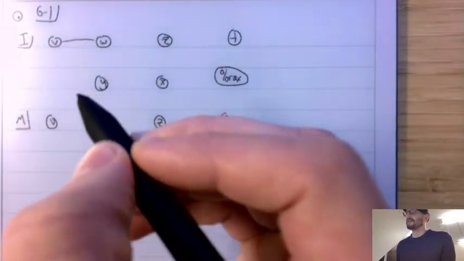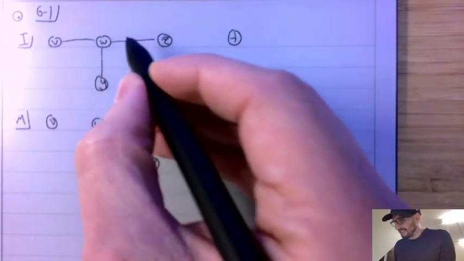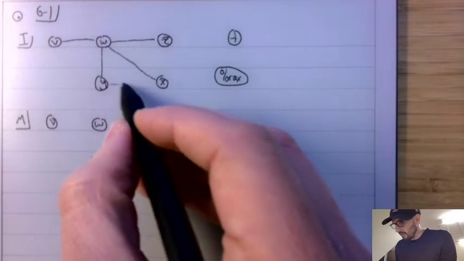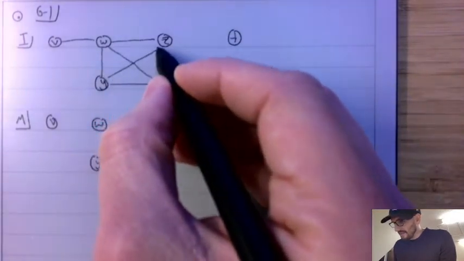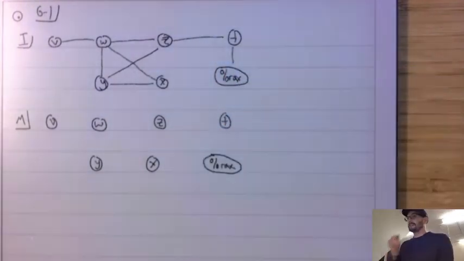Now we have V is connected to W, W is connected to Y, W is connected to Z, W is connected to X, and then also X is connected to Y, and Y is connected to Z, and then Z is connected to T, which is connected to RAX.